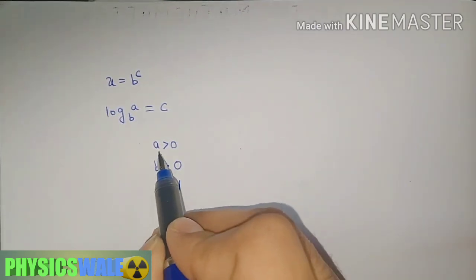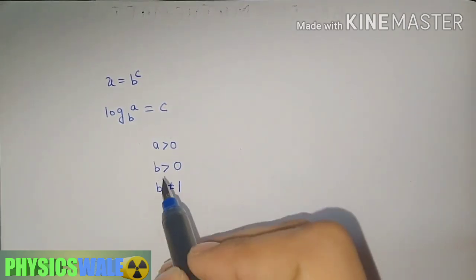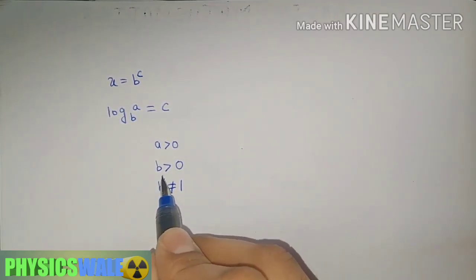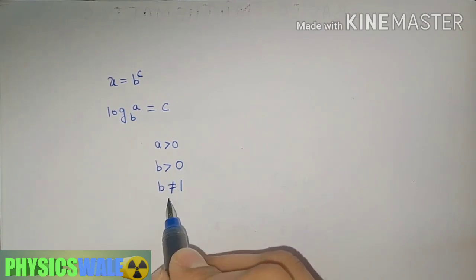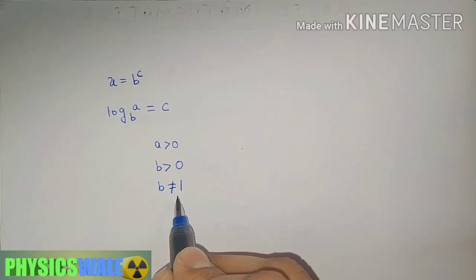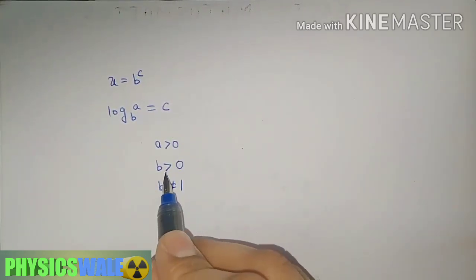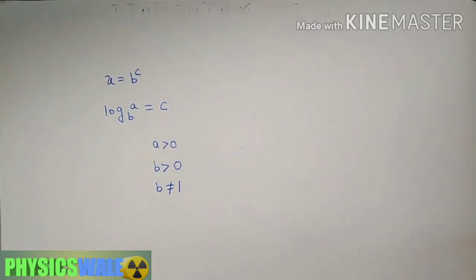So for values of a less than 0 or equal to 0, this logarithm will not be defined. Similar condition is true for b also, it must be greater than 0, and there's another condition for b that it cannot be equal to 1. So a should be greater than 0, b should be greater than 0, but b cannot be equal to 1.